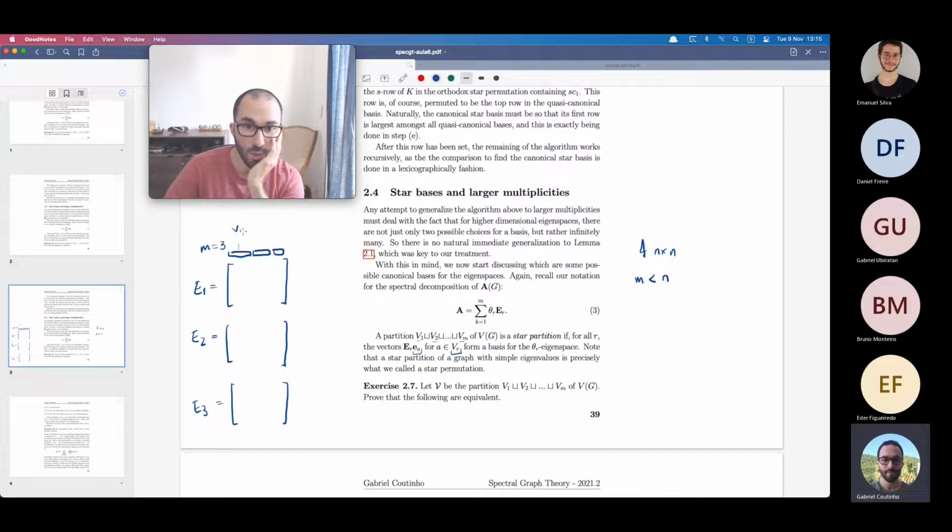So this is V1, V2, and V3. And this partition will be called a star partition if these columns here, these columns here, and these columns here form a basis for the eigenspaces, the theta 1 eigenspace, theta 2 eigenspace, and theta 3 eigenspace respectively.